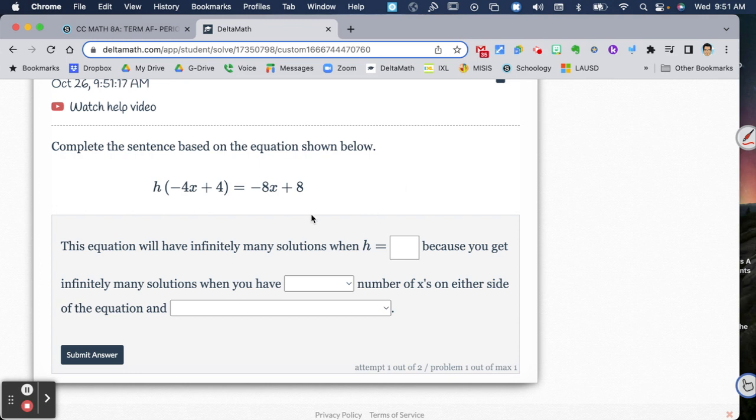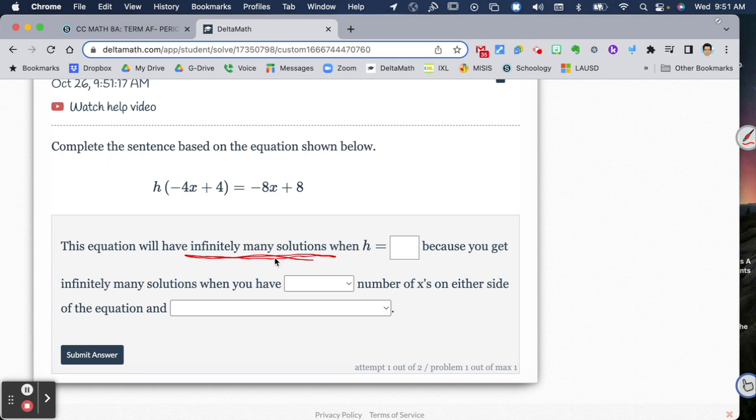Okay? So this time we want infinitely many solutions. So let's think for a minute. To have infinitely many solutions, the number of the variables, does it have to be the same or different? The same.